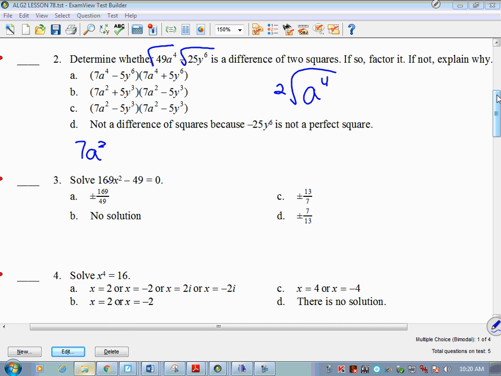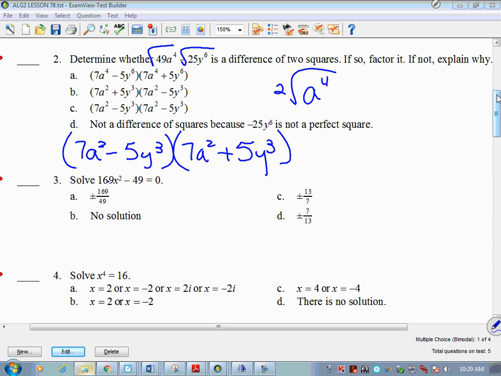What's the square root of 25? 5. And what's the square root of y to the sixth? Y to the third. So if this works out, this would be 7a squared minus 5y cubed times what? Plus 5y cubed.